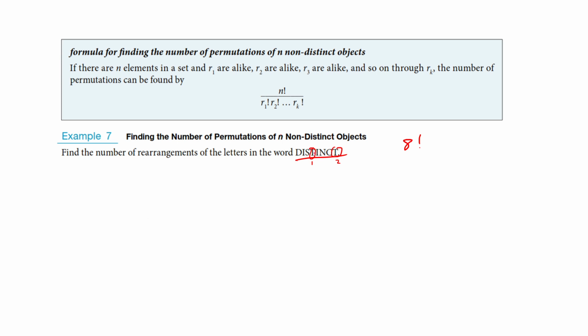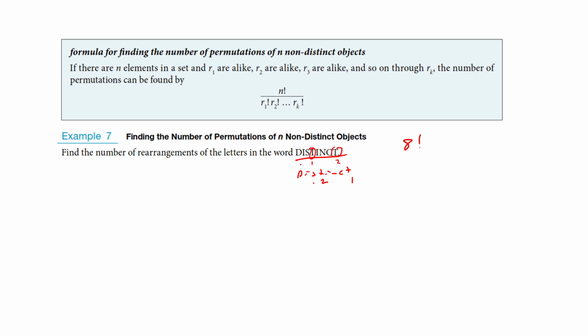Do you see what I'm saying? If you flip those T's, it's still the same word. We haven't created a unique word. So we have repeats that don't change anything.